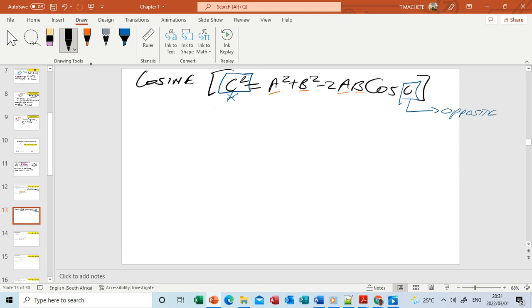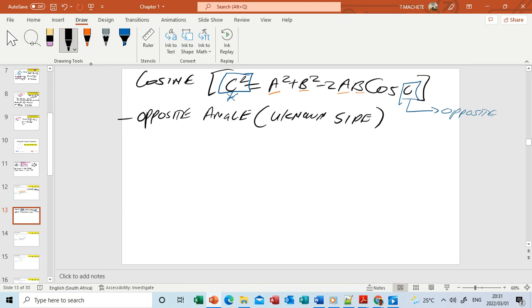They tell you that you must have the opposite angle and two sides. So I'm going to write that down. The first rule is that you must have the opposite angle. When I say opposite angle, guys, it must be the opposite angle to the unknown side.